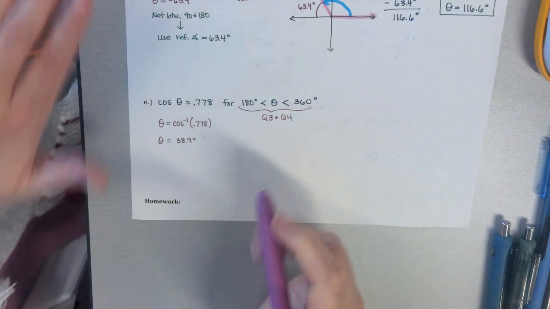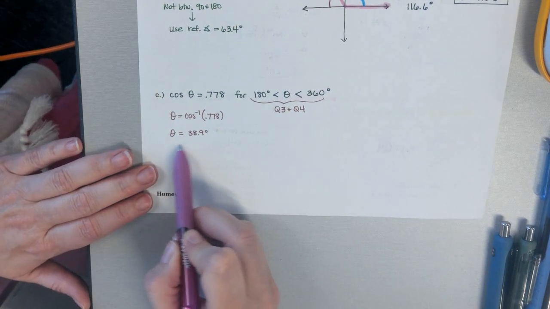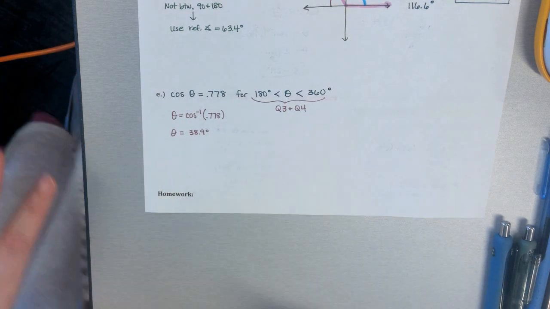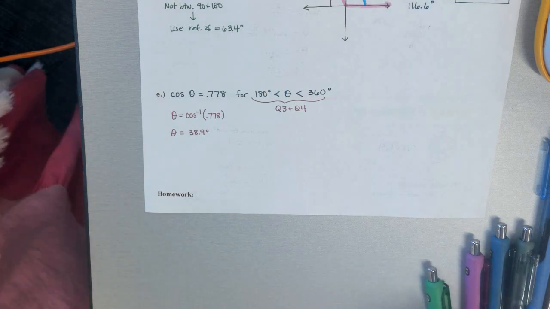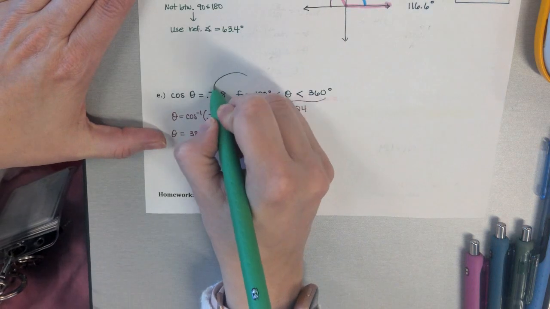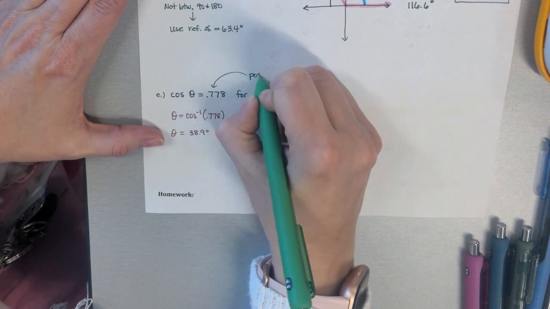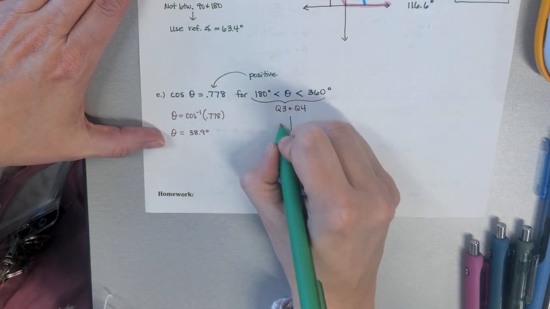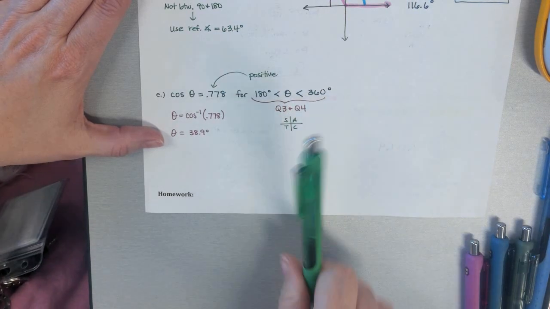Now, to determine if we're going to put this in 3 or 4, because this is not in the restrictions, right? This is not between 180 and 360. All we have to do is look at the sign of the original problem. So this is what we look at. Is that positive or negative? Positive. So we have to ask ourselves, where is the cosine positive? So in 3 or 4? Yep.